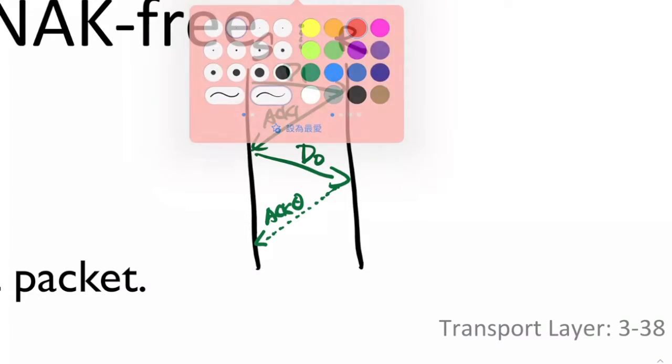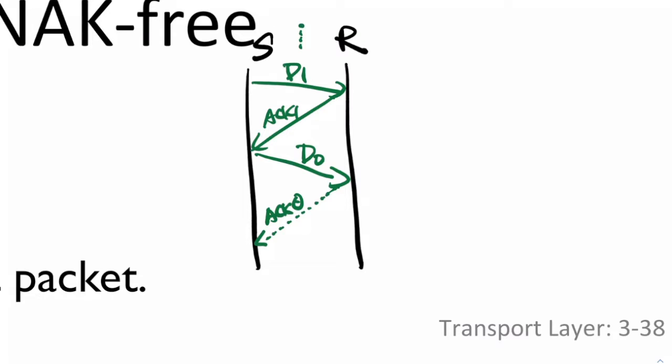However, in this case, for example, if there's something wrong with this data 0, then for the receiver, originally it has to send NAK 0 back to the sender, right?